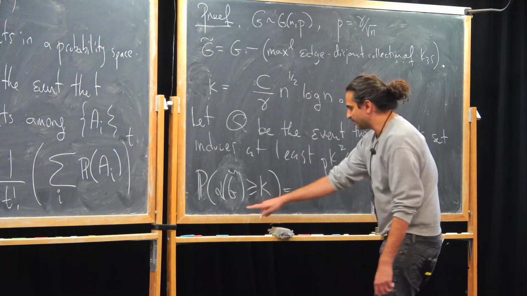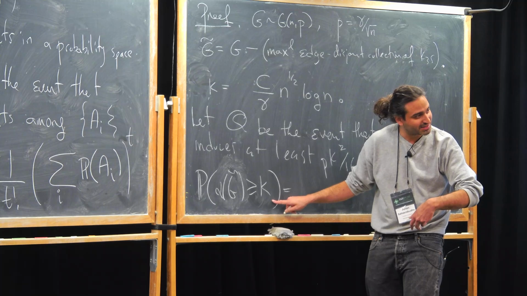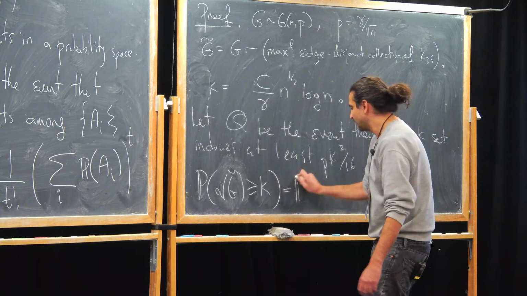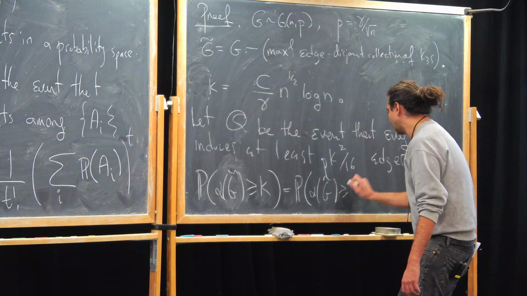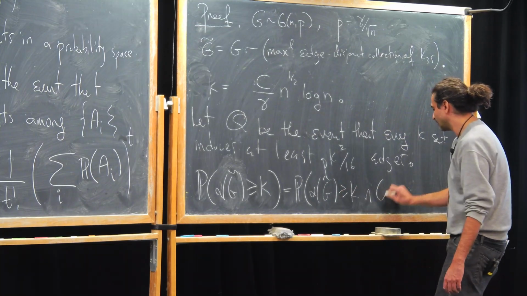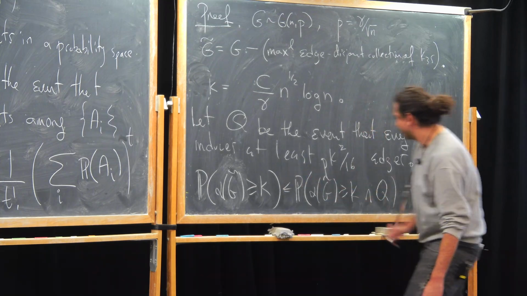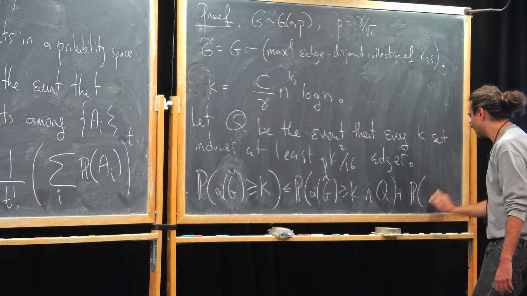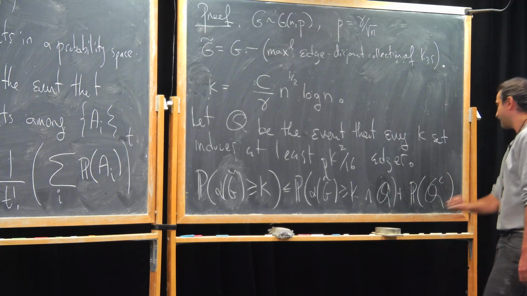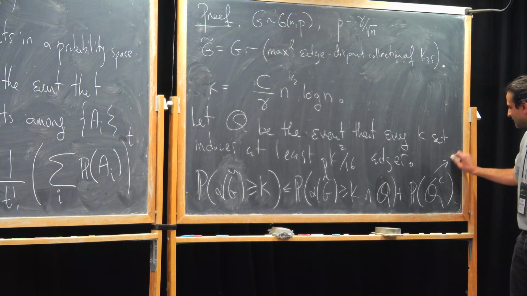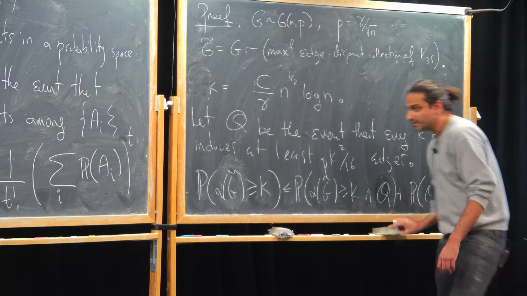This probability is the intersection with this and the intersection of the complement, but the complement has probability little o(1). So this is at most the probability of the independence number event intersected with Q, plus the probability that Q fails, but this is going to 0. So if I want to show this goes to 0, I just need to deal with this.